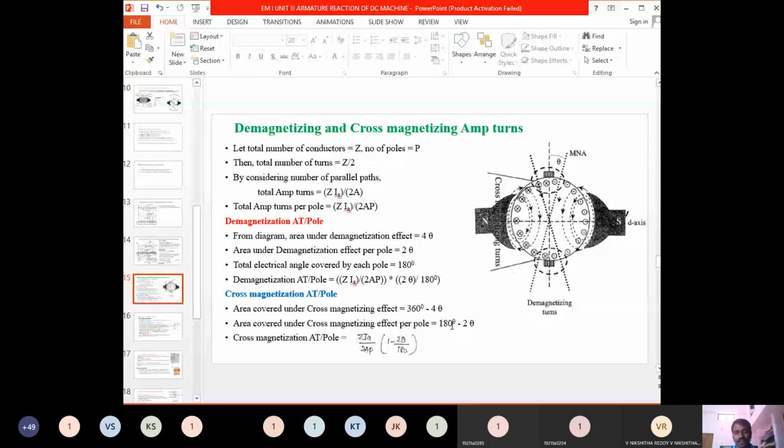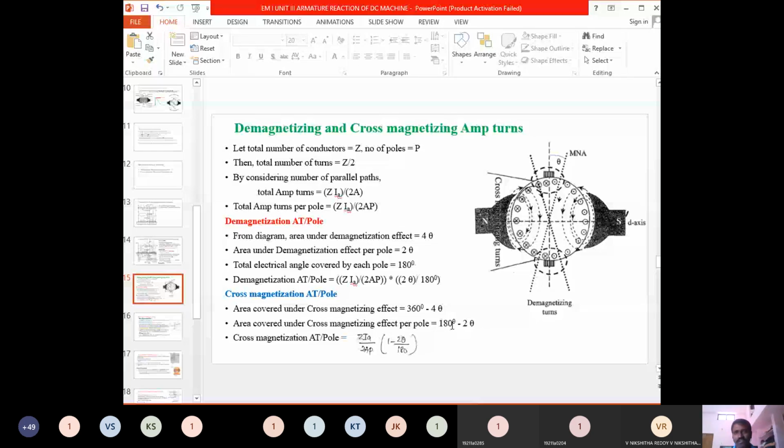If I ask in a class of 60 members which portion of the students are above average and which portion are below average, I can segregate that. In a similar manner, for a total of Z conductors, which portion of conductors influence cross magnetization and which portion influence demagnetization, that I'm going to see here.